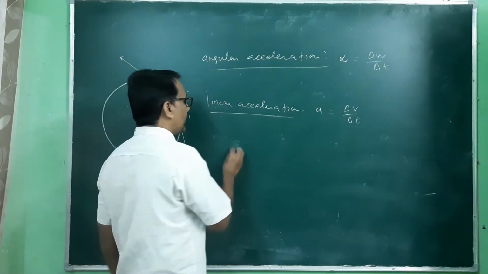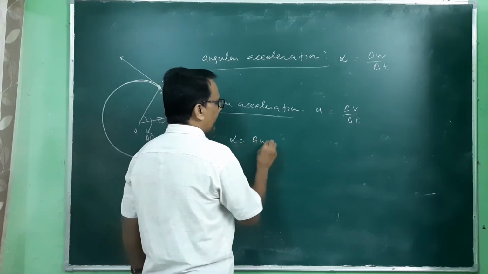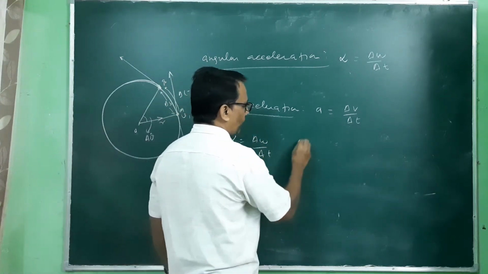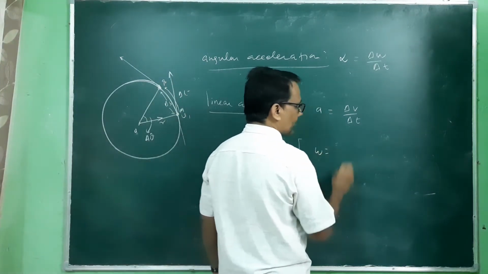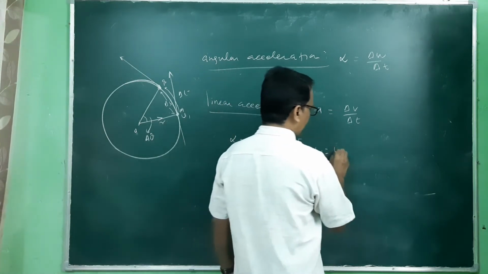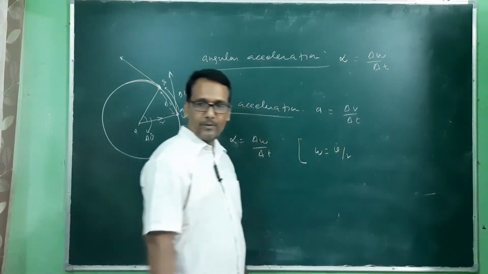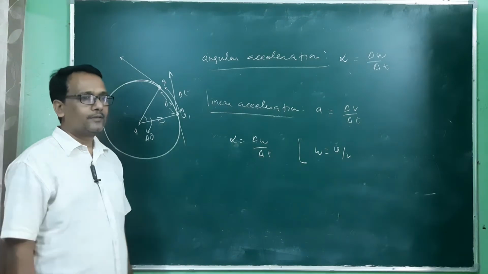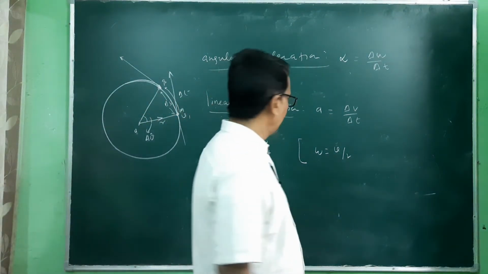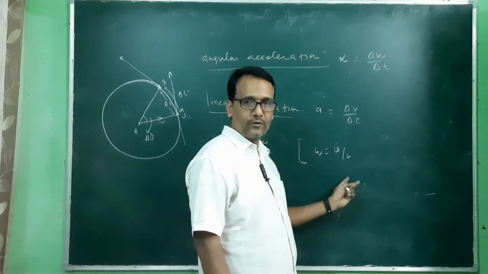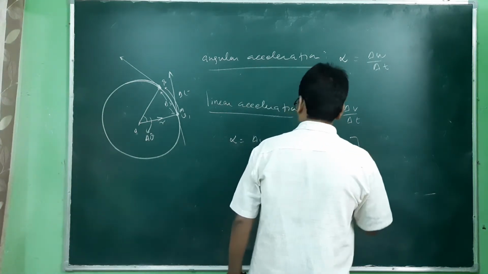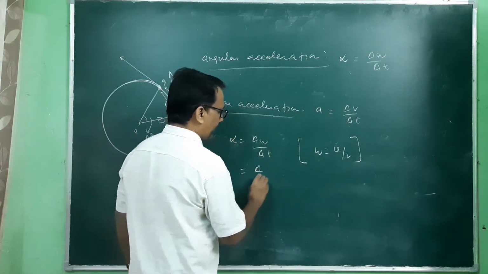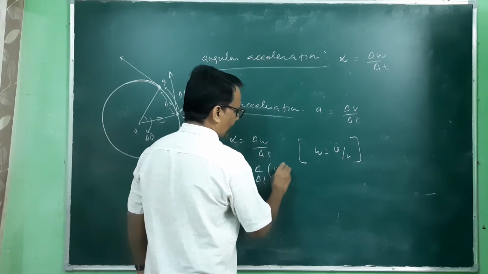So alpha is equal to delta omega by delta t, and omega is equivalent to v by r. Now we have also derived this: v is equal to omega r, or omega is equal to v by r. So this is equal to delta of v by r over delta t.